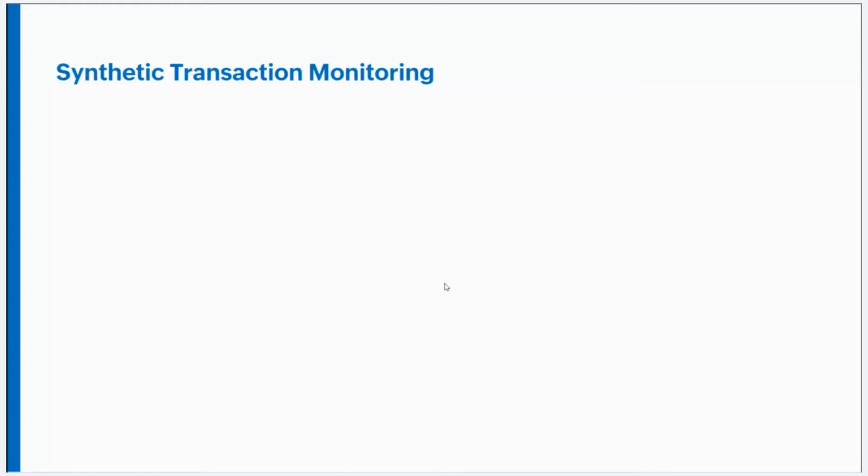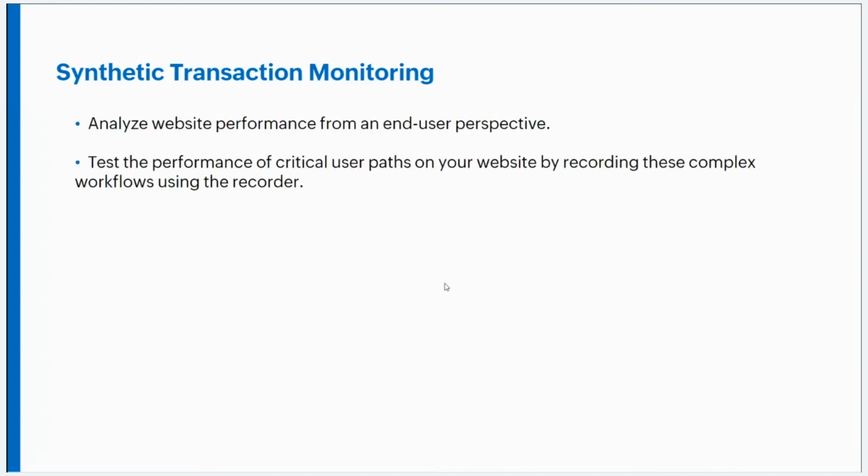Here are some of the things that it helps us do. Analyze website performance from an end user perspective. Synthetic transaction monitoring involves analyzing website performance from an end user perspective, which can help you identify issues that might otherwise go unnoticed. Synthetic monitoring lets you record complex workflows to keep an eye on important transactions taking place on your website.